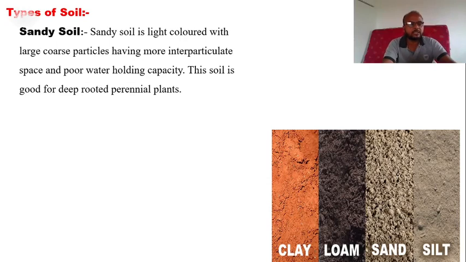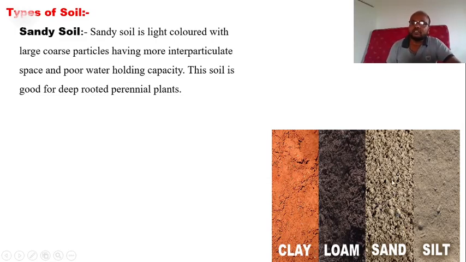So the first one is sandy soil. Sandy soil is a light colored soil. Here there is one photograph which shows different types of soil. This is the sandy soil, which is light colored and has large porous particles. It has large particles with more interparticulate space.